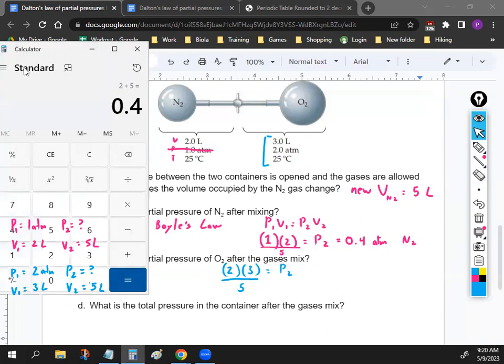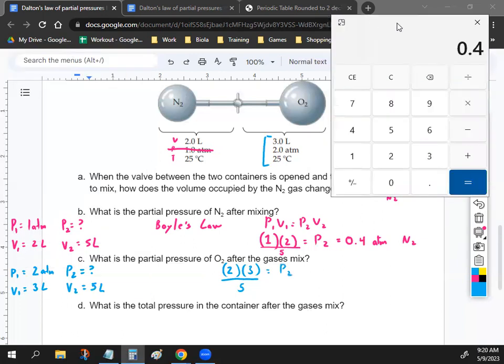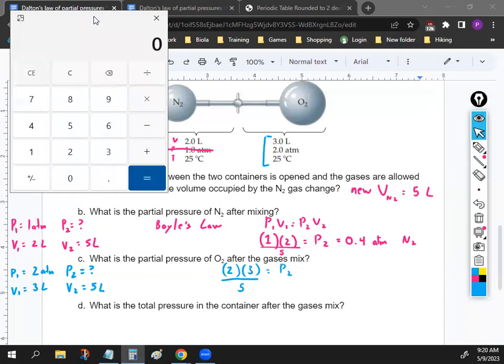For the math, all we have to do is multiply the top. 2 times 3 is 6, divided by 5. And so we'll get a pressure of 1.2 atm for oxygen. So that's going to be our answer for part C.